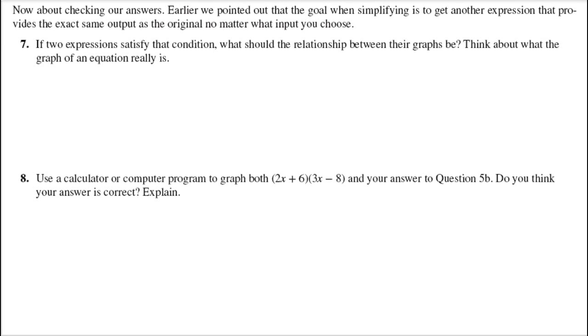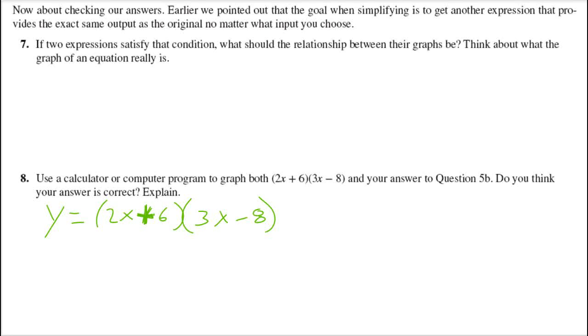So question 8, use a calculator or computer program to graph both. When you graph it, you'll have to say y equals 2x plus 6. You might try going to Desmos.com the way I did, times 3x minus 8.